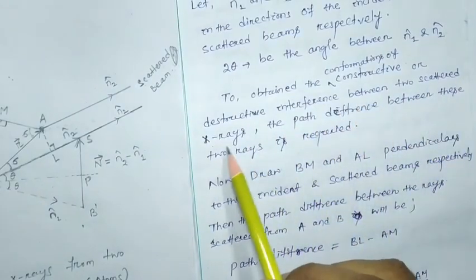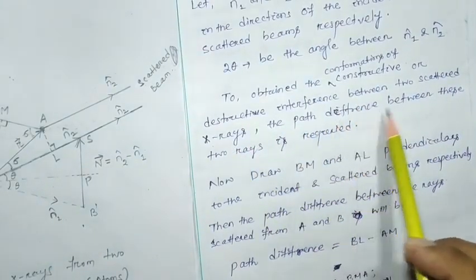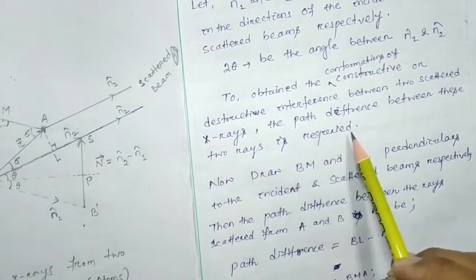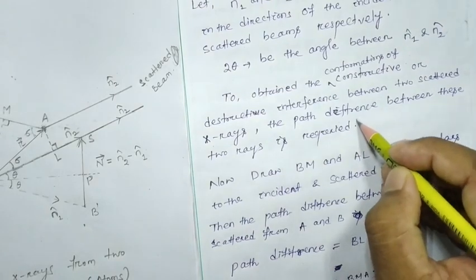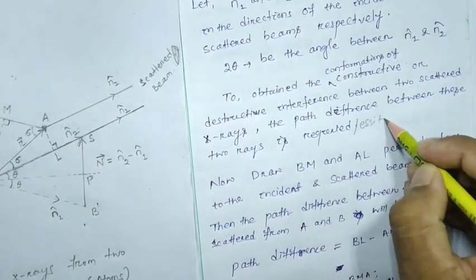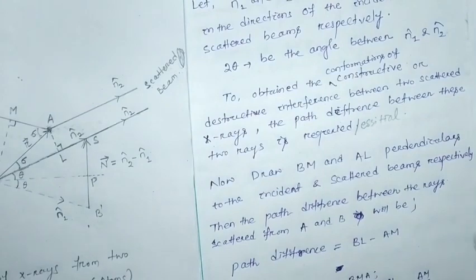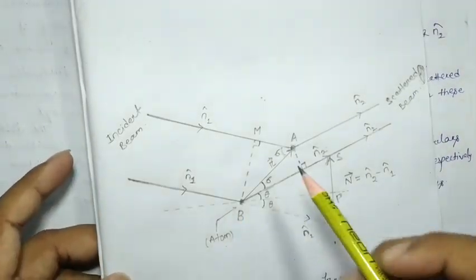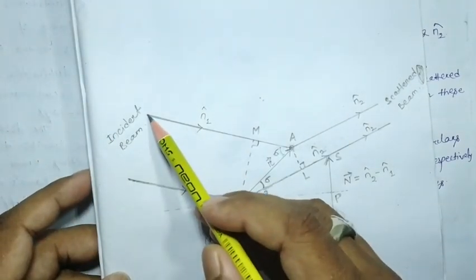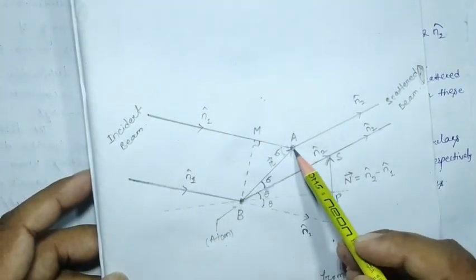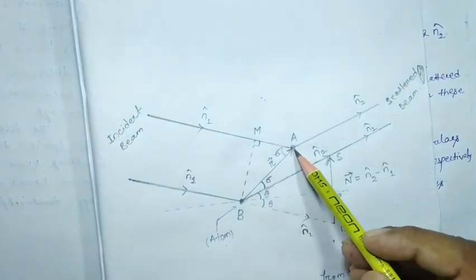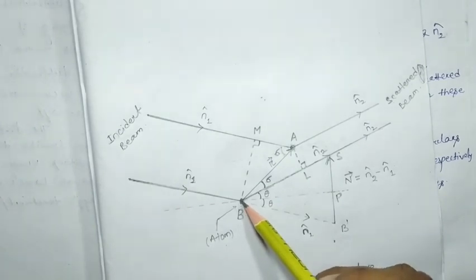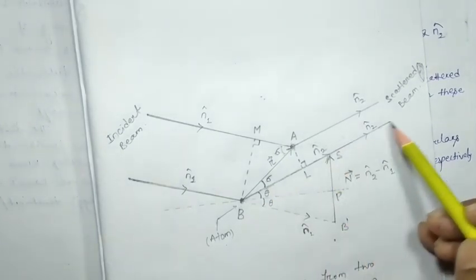To obtain that confirmation, the path difference between these two rays is essential, because we need to find the path difference between the two rays. This one came from here, interacted with atom A and scattered in this way. This other ray came in this way, scattered from B and went in this way.